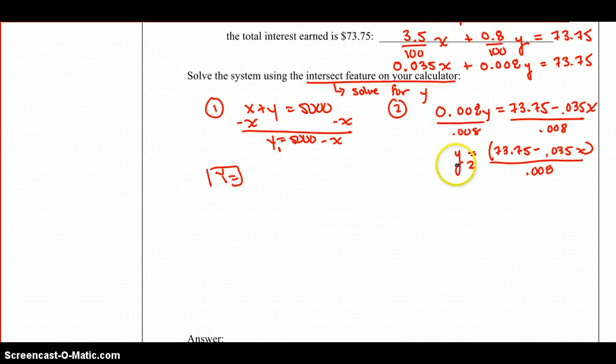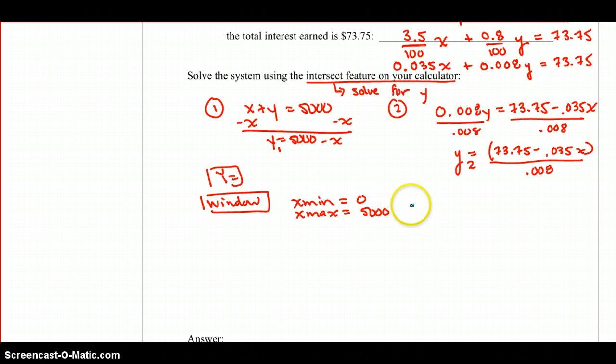So we pushed Y equals, entered our two equations, and for the window, we set X min to 0, since the minimum we could put in that account was $0. The max would be 5,000. Then we pushed Zoom 0 so that the calculator would automatically adjust Y min and Y max for us.